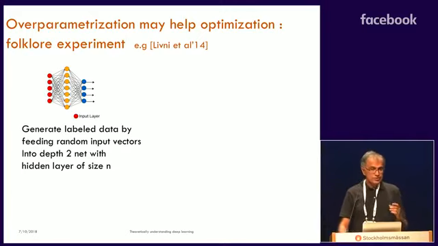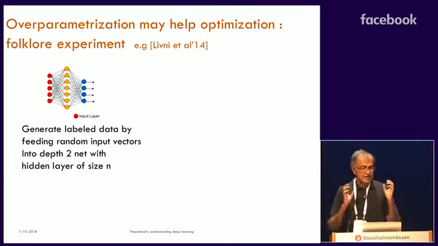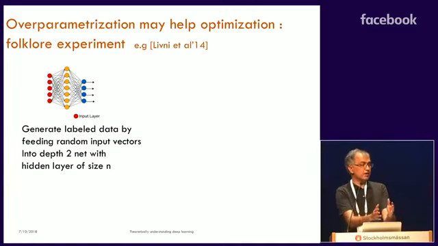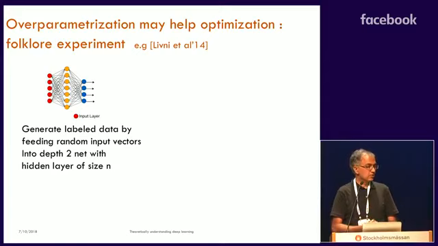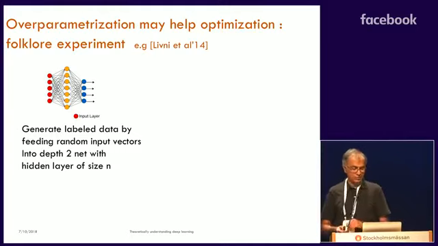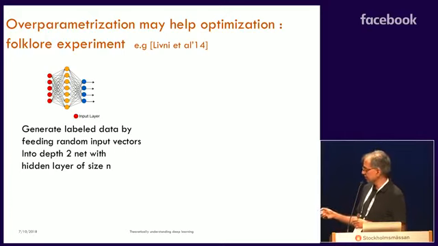So suppose you generate labeled data by just feeding data into a neural net that you know. So you have a depth 2 neural net, and you're feeding random inputs into it and out come outputs. Okay, and now that's your training set. So there's this neural net in your computer, you know it completely, let's say even a random neural net, random weights, and now you're feeding data and just getting the training data that way, those input-output relationships.